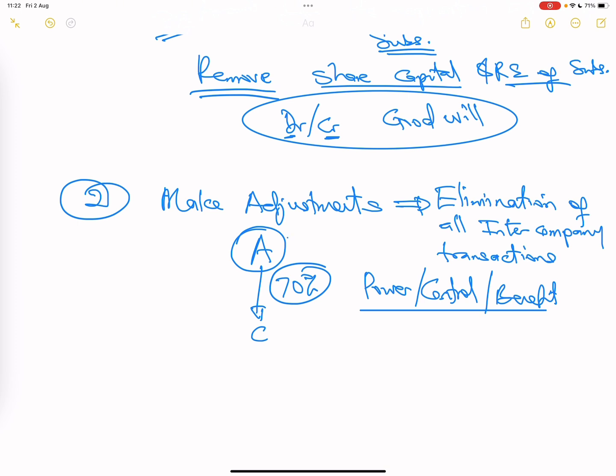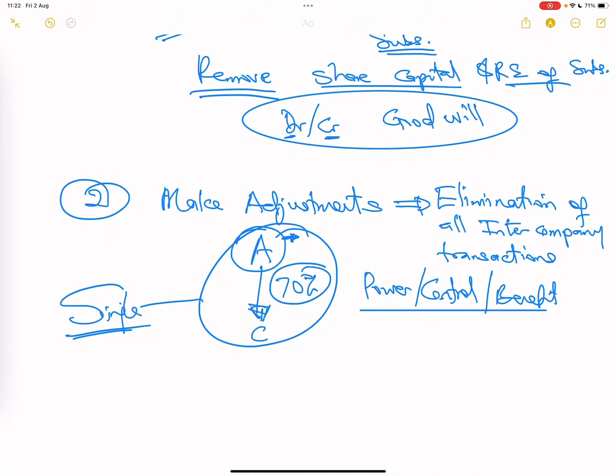So by the time users see that A has a subsidiary, the next thing is they want to see the accounts as if both of them are a single entity. Because that is when they will know exactly what is going on in reality. And because of that, any transaction between the two of them must be eliminated. And that is the reason why elimination is important.